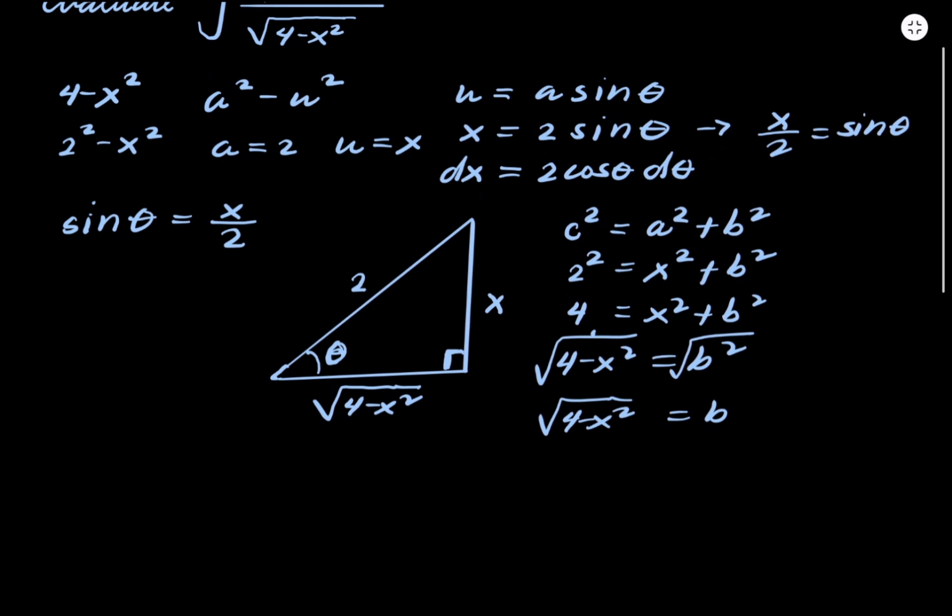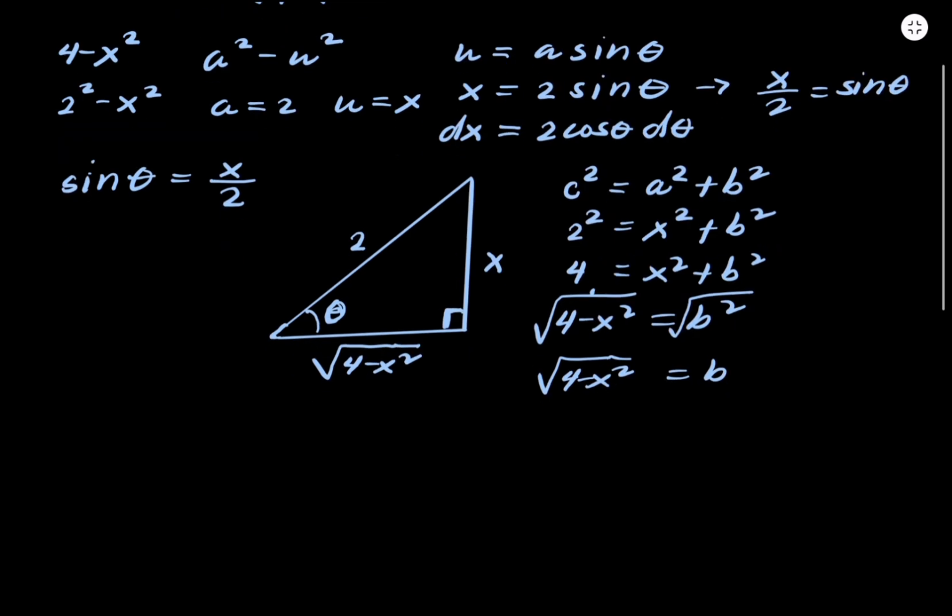Okay? So now, since we already have the sides of the right triangle, we can produce another trigonometric function. Notice that in calculus especially, sine and cosine are always together, right? The derivative of sine is cosine, and the integral of sine is negative cosine. They are always together, right?